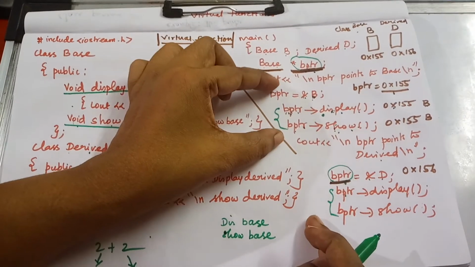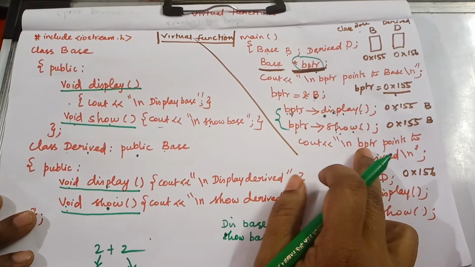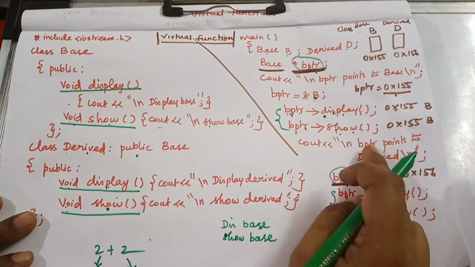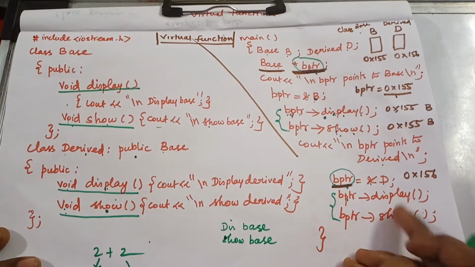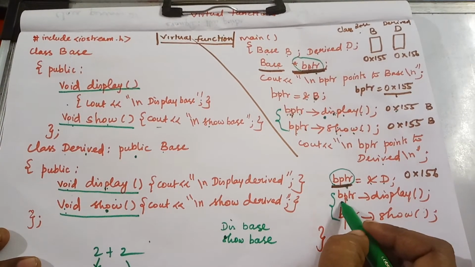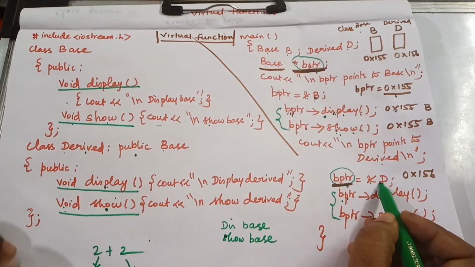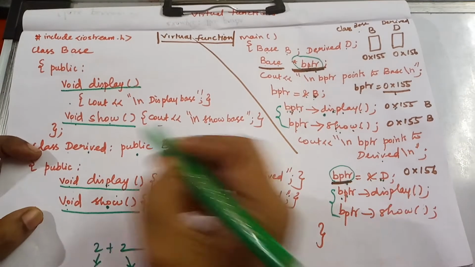Alright, this is for this statement. Then next, the base pointer points to the derived class. Now the pointer points to the derived class. Now you are calling these two member functions for derived class objects. Derived class object means it calls the member functions available inside the derived class.